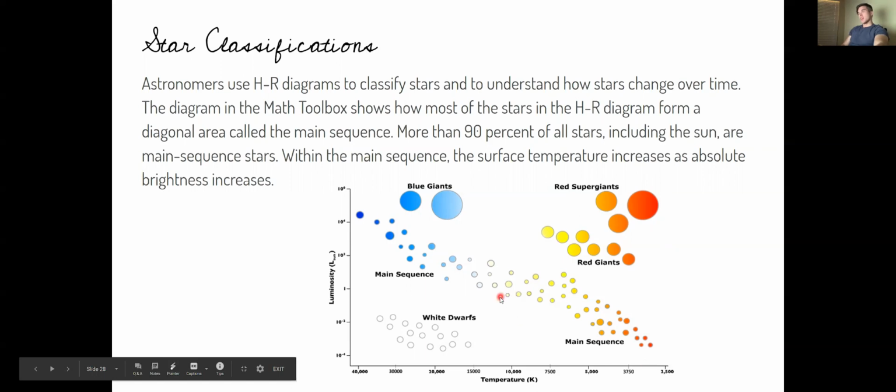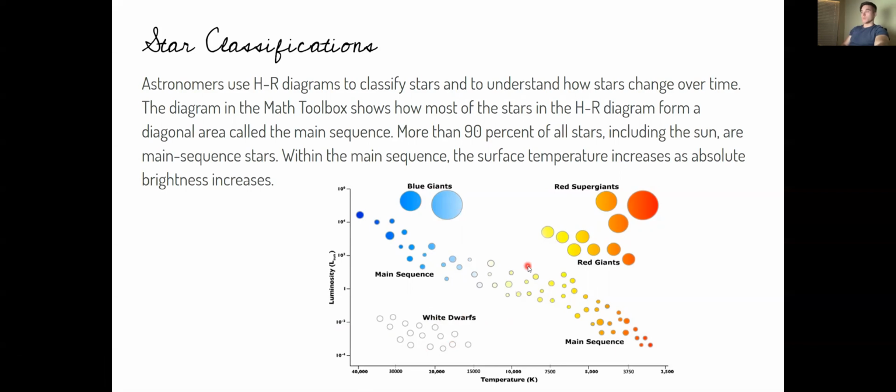A question that I could put on your quiz or test could be, I could get rid of these names and ask what is this set or something like that. Or which is brighter, blue giants or white dwarfs, and you'll have to know, okay, they're up here. How hot are white dwarfs?